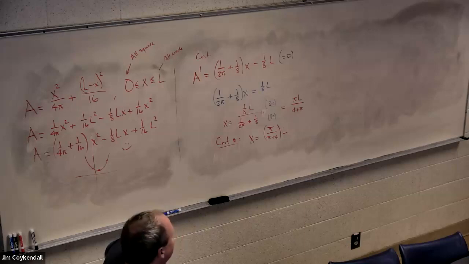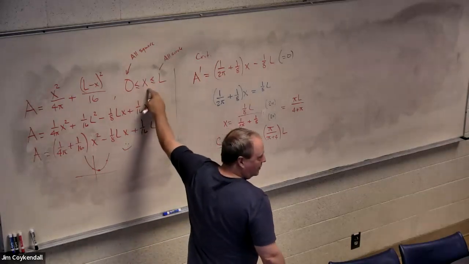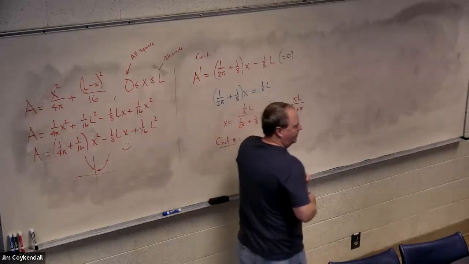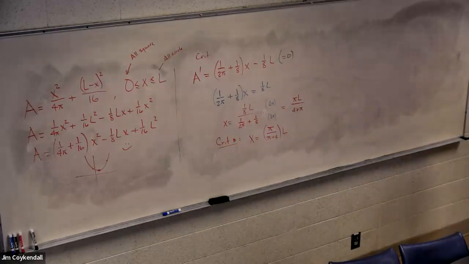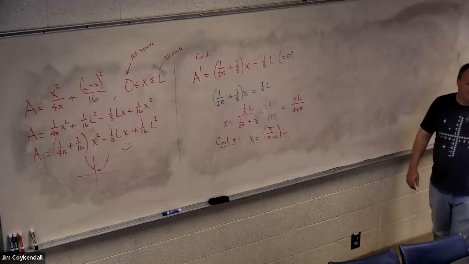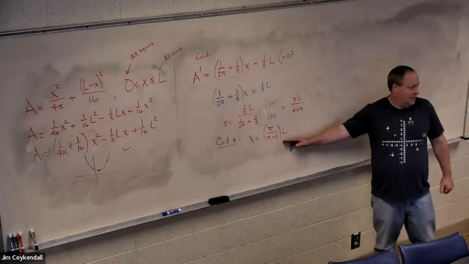Now here's my question. Is the critical number in our range? The critical number might not even be in our playground. What do you think? Is everybody okay with this critical number?